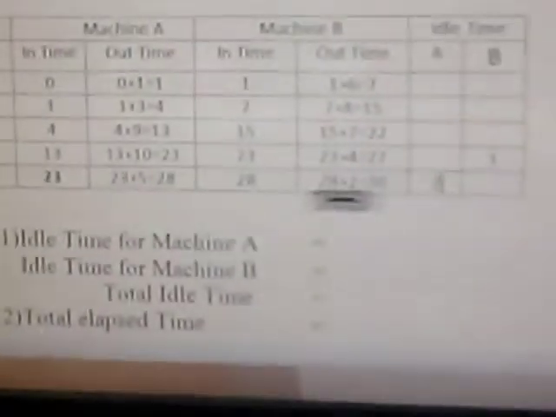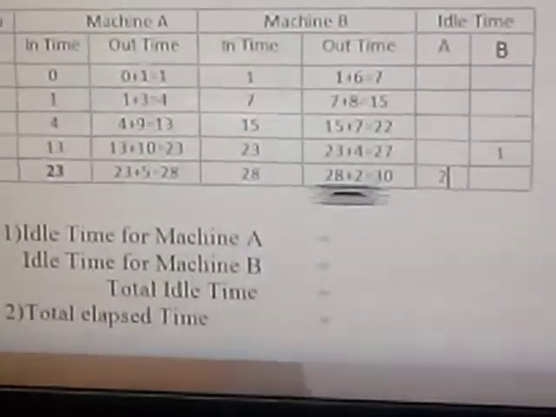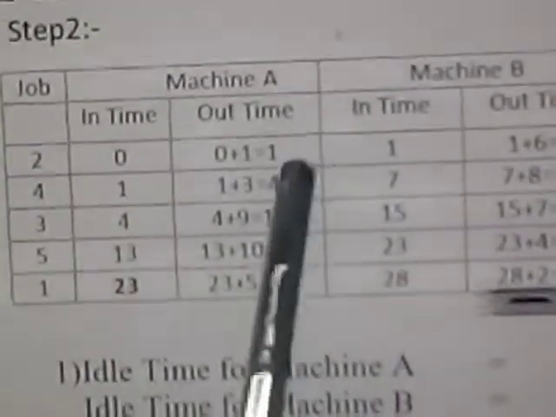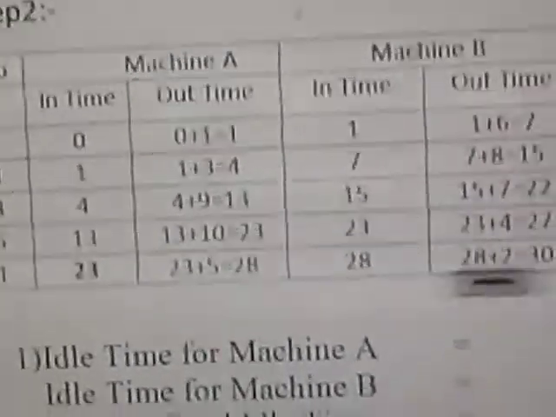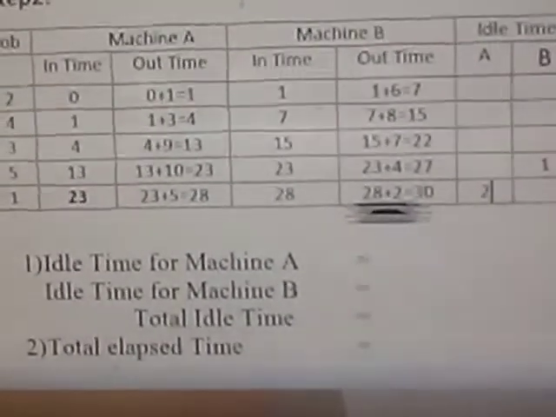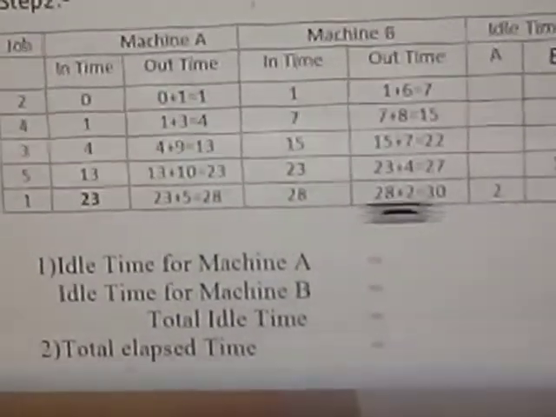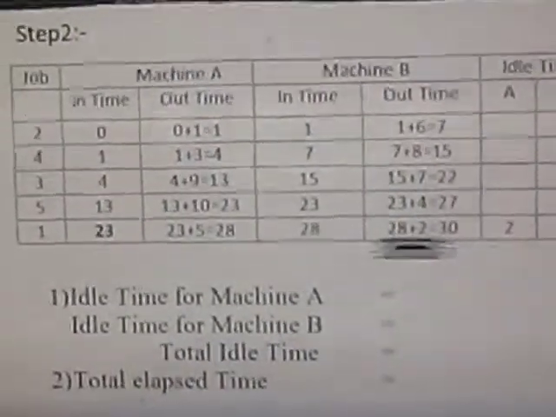Here there are common times: 1 to 1, 4 to 4, 13 to 13, 23 to 23. The only gap is at 28 hours, so the idle time is 2 hours.